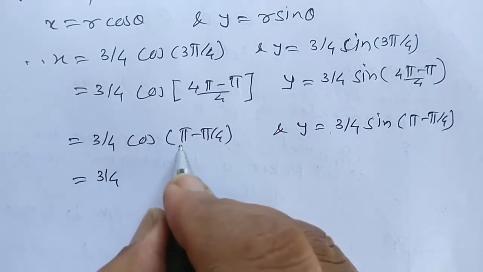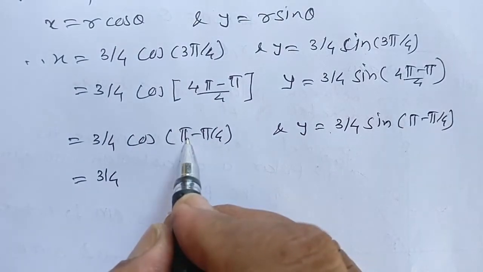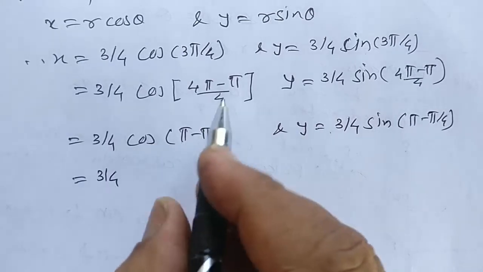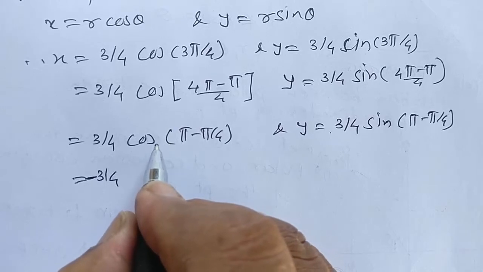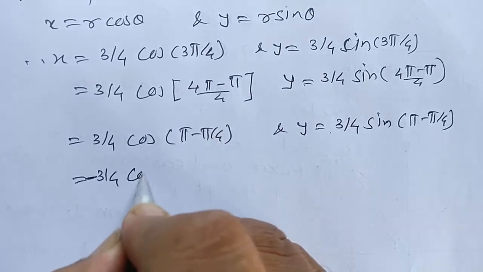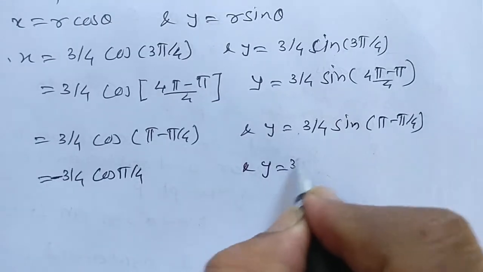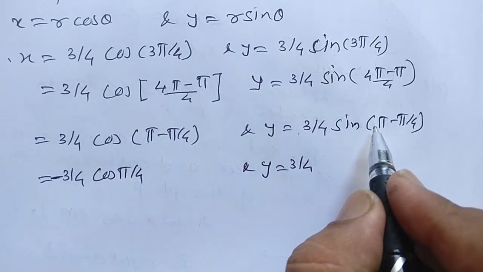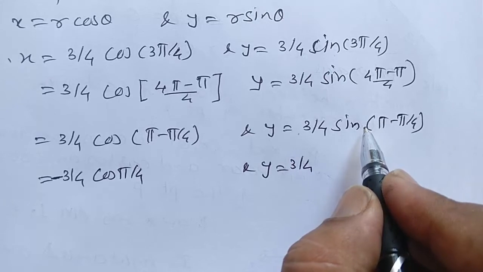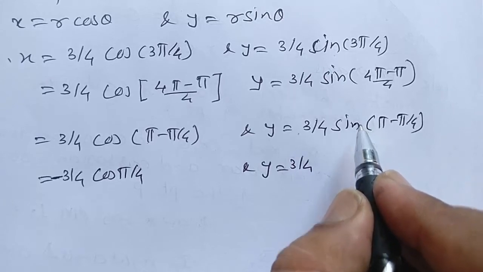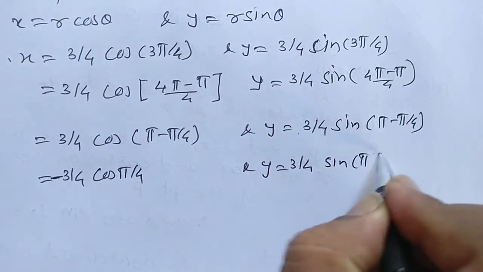3 by 4 cos of 180 minus theta. It is in the second quadrant, and in the second quadrant cos is negative, so it is minus. Cos remains cos, so it is cos of pi by 4. And y is equal to 3 by 4, pi minus pi by 4 is in the second quadrant, sin remains sin, and sin is positive in the second quadrant, so it is sin of pi by 4.